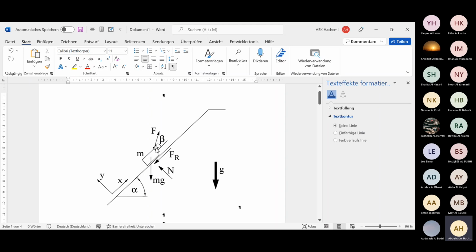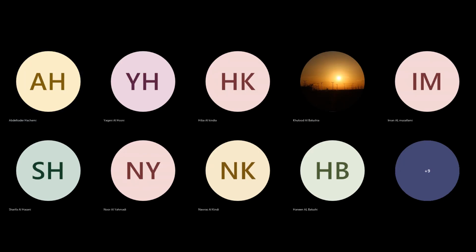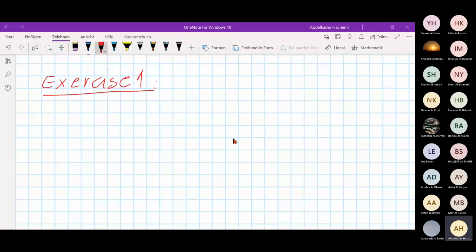If we do it with Newton's law, we apply Newton's law here in the X direction.